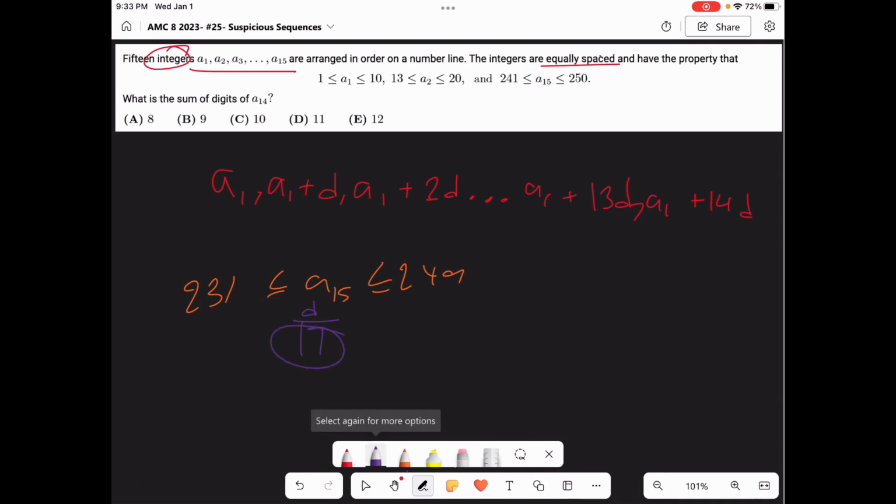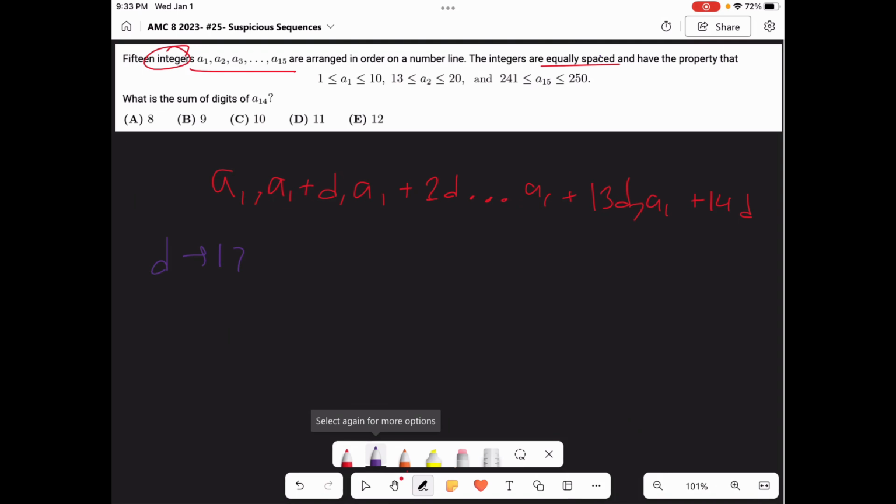It's 17 because it's the value that we can plug in to make sure it's within this range of numbers. And that's because we removed A1 from A15. So now that we know our common difference, we just need to find what our first term is, so that we can get the actual numbers of our last term and first term at the same time. So the difference is 17.